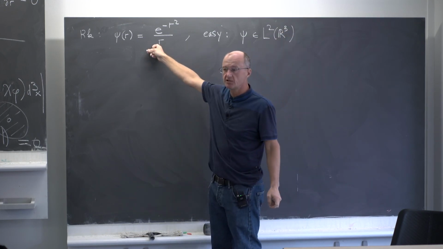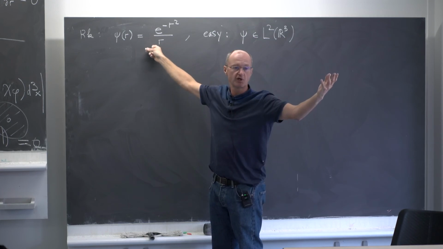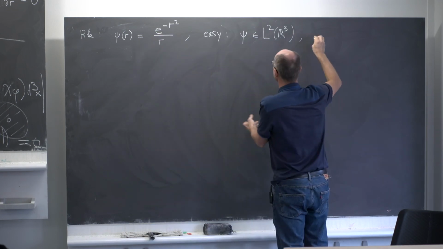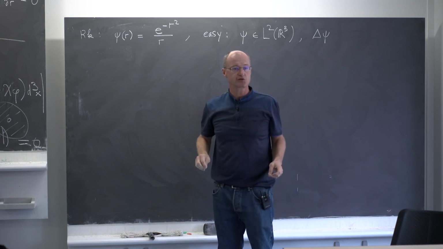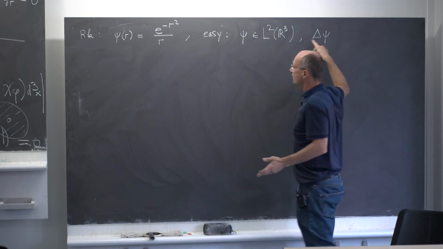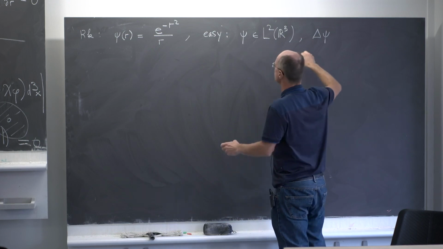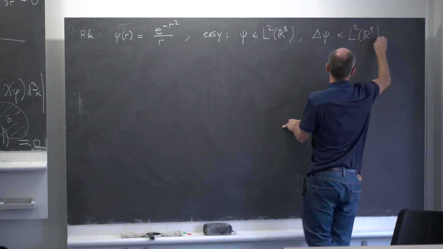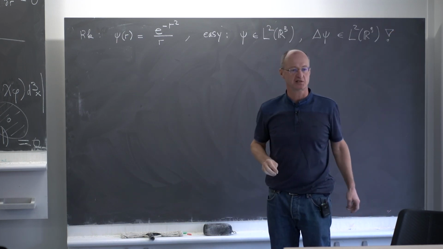You take its square, you get a denominator r squared, but in the integration, you have an r squared factor, so it's fine. Now, moreover, you can check that if you take the naive Laplacian outside r equals 0, it also has kind of mild singularities, and so this is also in L2 of R3. So there is no problem with that.